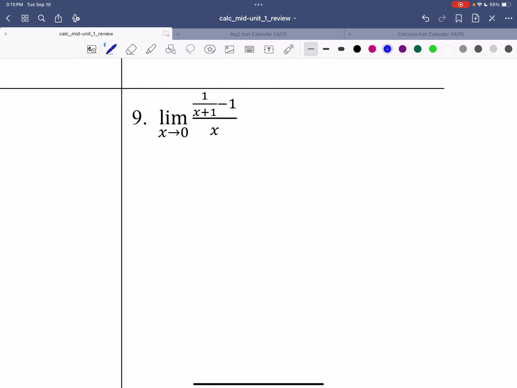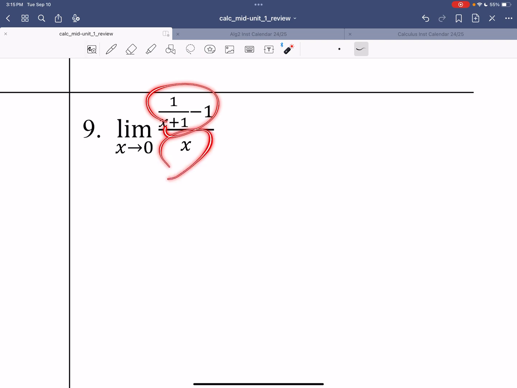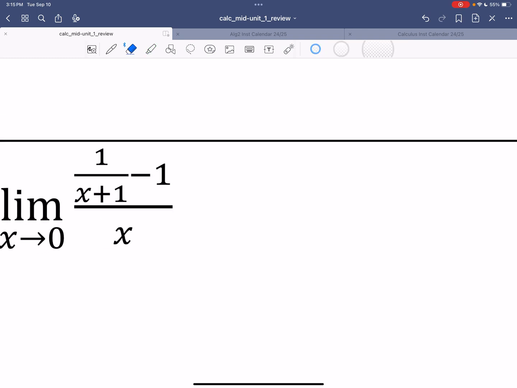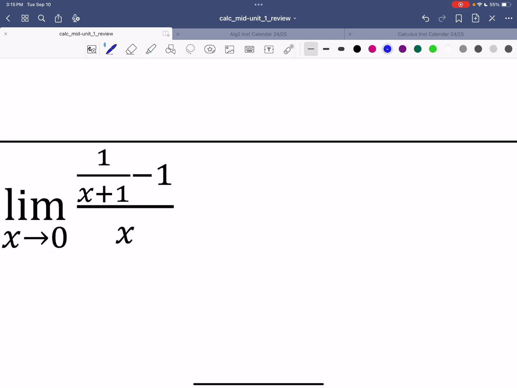You have to do the simplification, top or bottom. This one, we have to do the top. So how can I change this 1 into a fraction? Remember, 1 can be any number over itself, like 8 over 8. In this case, it's going to be x plus 1 over x plus 1.